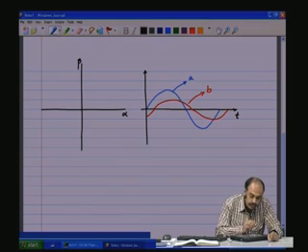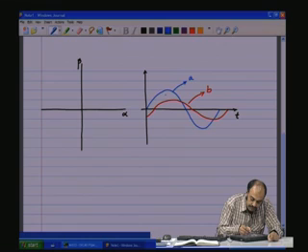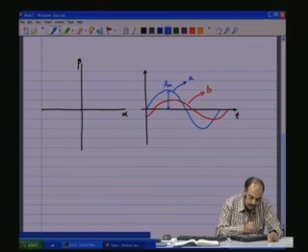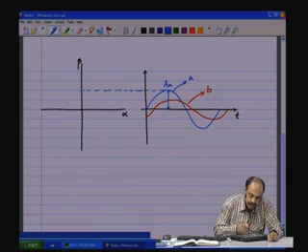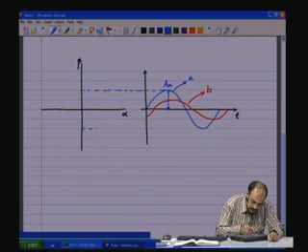So, let us take first the blue waveform. Blue waveform has an amplitude, let us say A m, and it is starting with 0. This is this one, and this has amplitude of A m, and let it be projected onto the vertical axis.